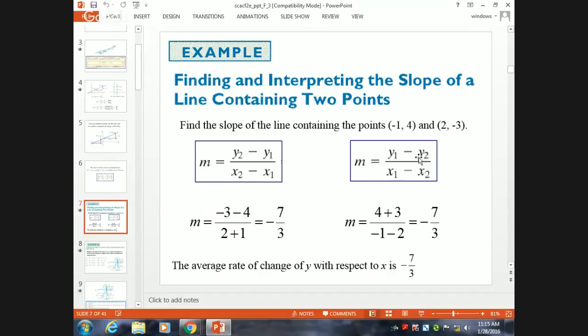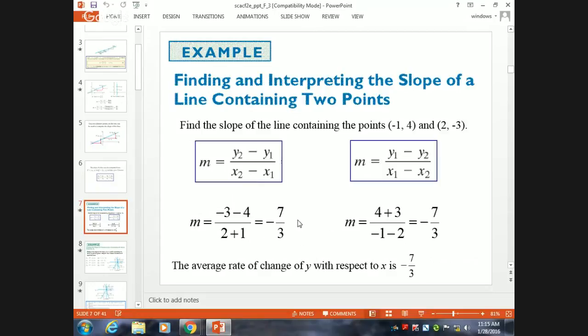That's fine to have this y be first, but then when we're downstairs, notice this x has to be first. 2 minus -1. And that's why this becomes 2 plus 1, because subtracting a negative is always the same as adding. So this ratio comes out to -7/3.